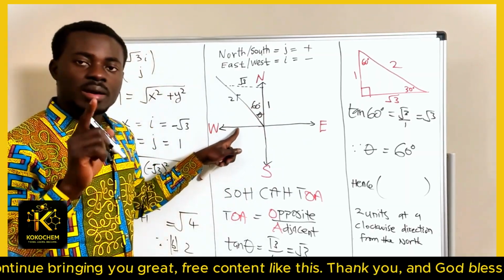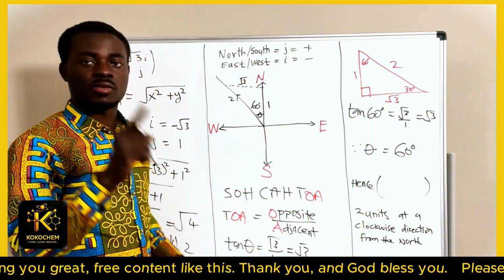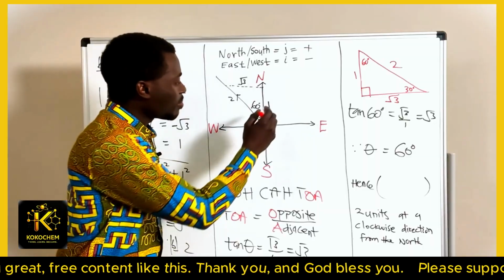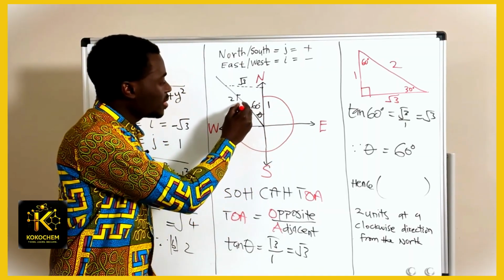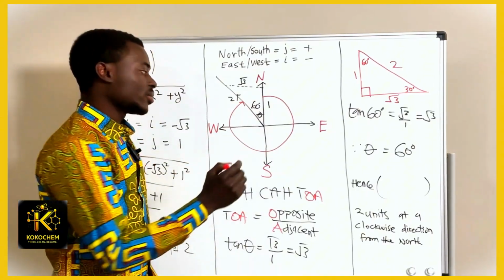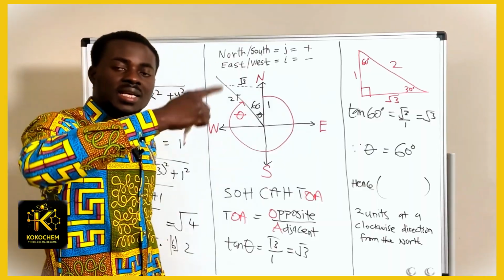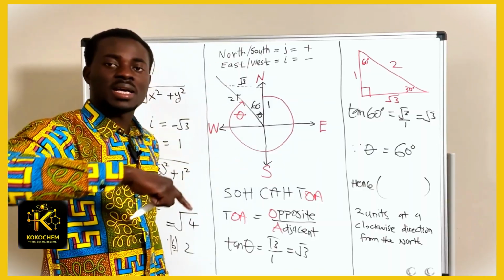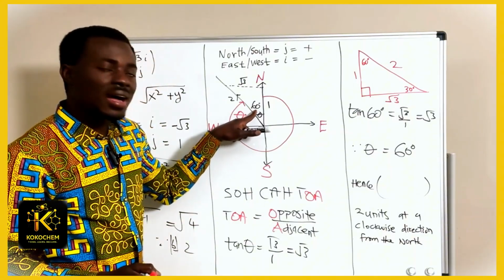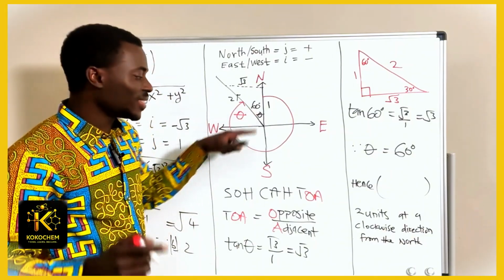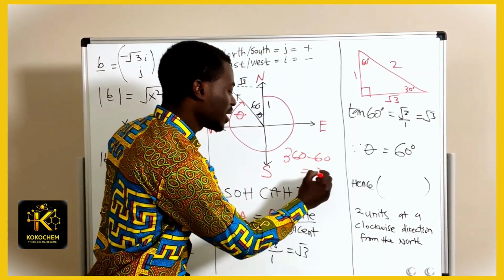But for bearings, you measure clockwise from the north. A full circle is 360 degrees and the small part is 60 degrees, so we take 360 minus 60, which is 300.